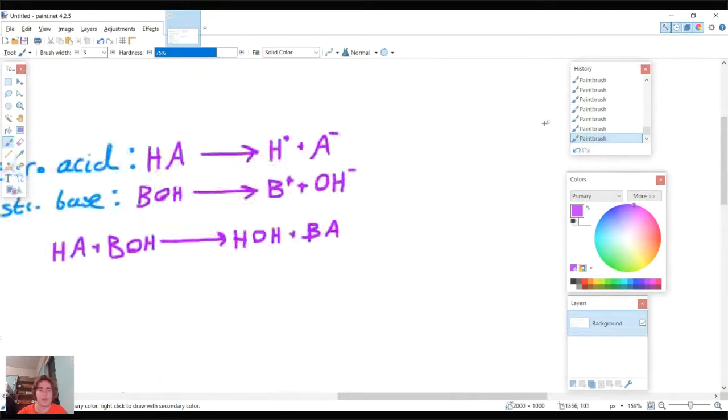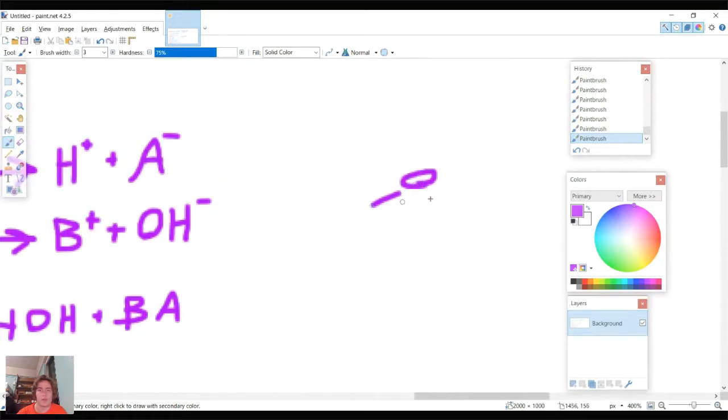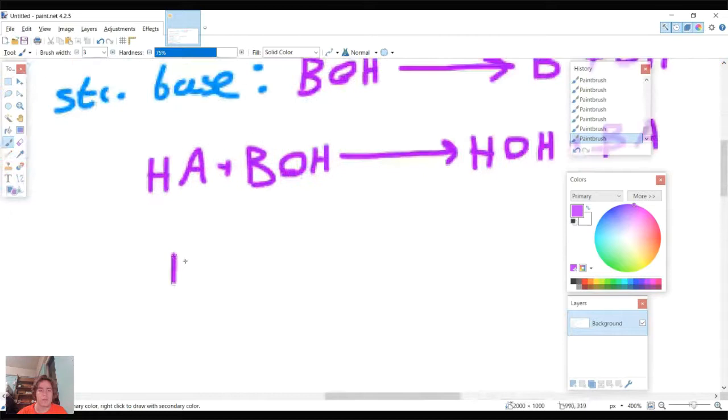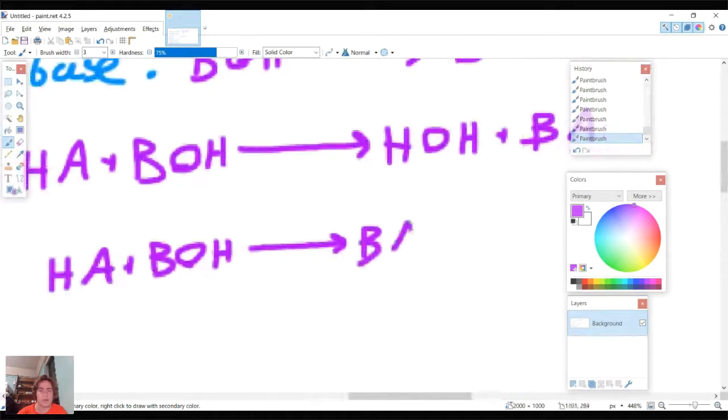And if we think about the Lewis structure of HOH, it would just look like that. And this is also very clearly just normal water. So we have HA plus BOH turning into BA plus H2O.